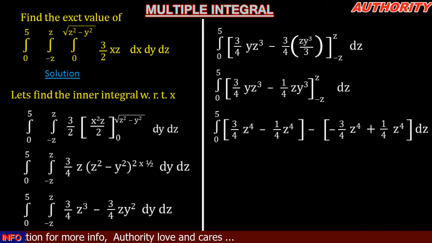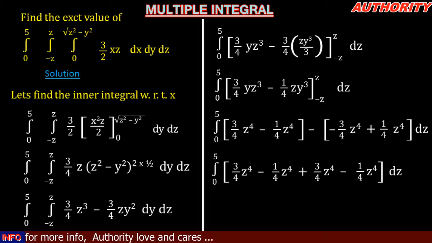Now let's open the bracket. You know, we have 2 brackets. Let's open the bracket. So we're going to use this minus in between the brackets to open the second one. So minus times minus 3 all over 4 z raised to the power 4 is going to give us plus 3 all over 4 z raised to the power 4. And then this minus times plus 1 all over 4 z raised to the power 4 is going to give us minus 1 all over 4 z raised to the power 4, right?